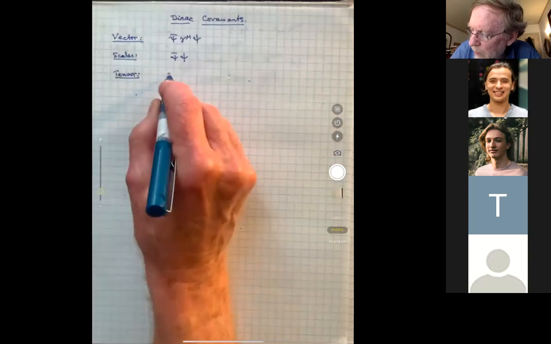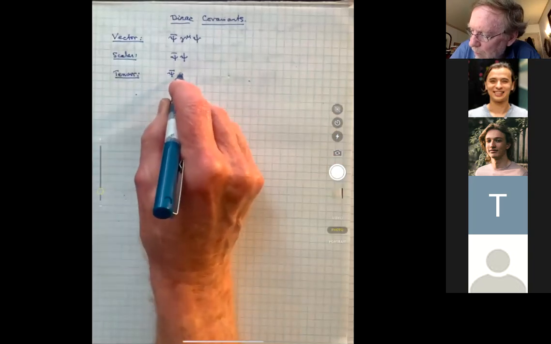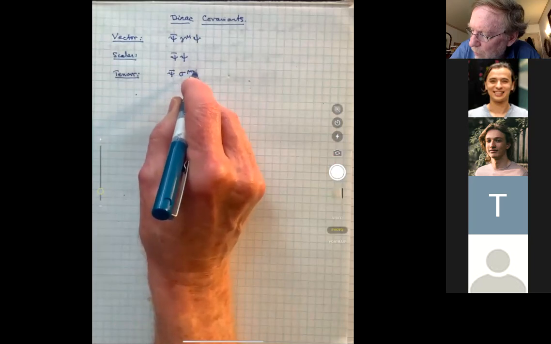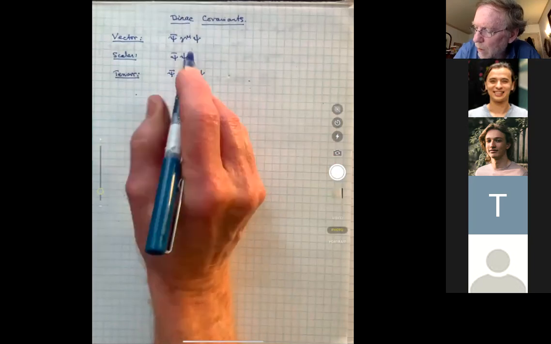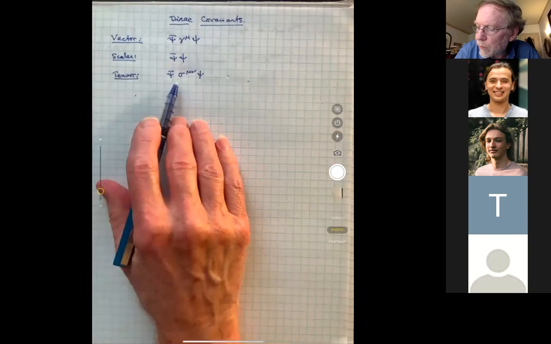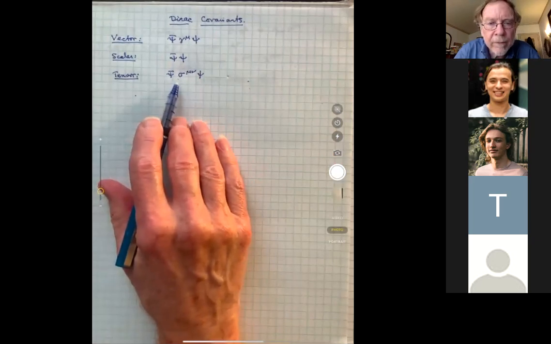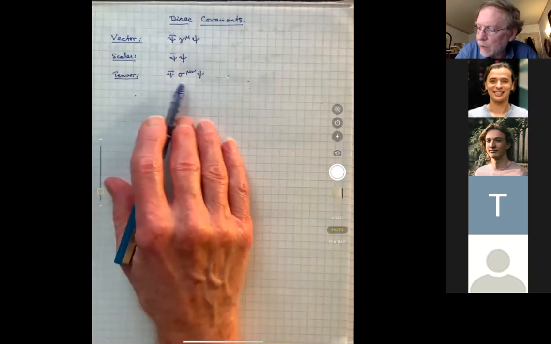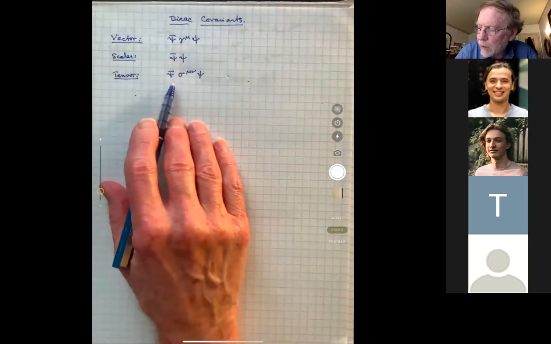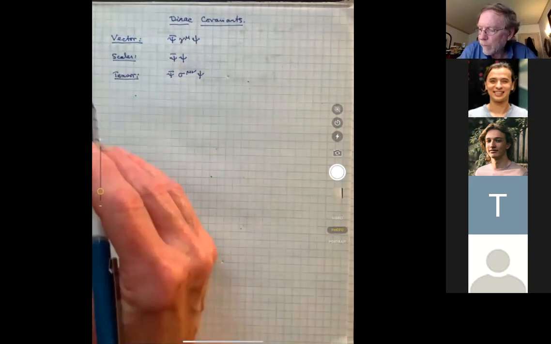All we need to do is take psi bar psi and sandwich it around the sigma mu nus, which are the generators of the Lorentz transformations. And this creates an antisymmetric tensor in the Dirac theory, which is just as good an antisymmetric tensor as F mu nu in electromagnetism. And again, I'll leave it as an exercise for you to show that this really does transform as a tensor under Lorentz transformations.